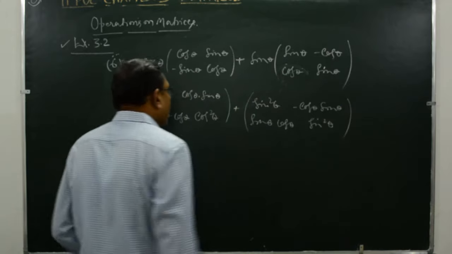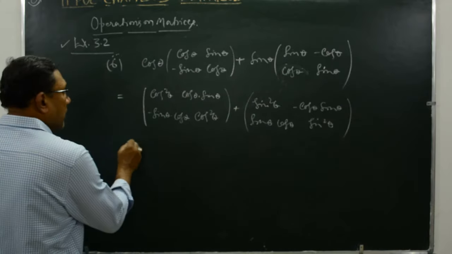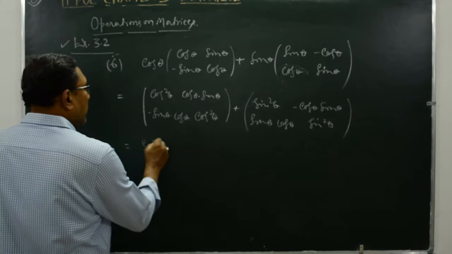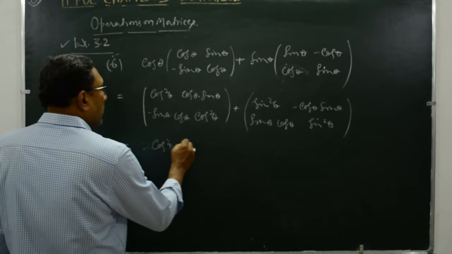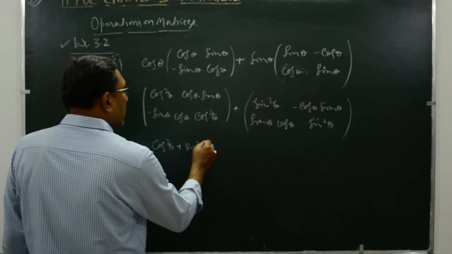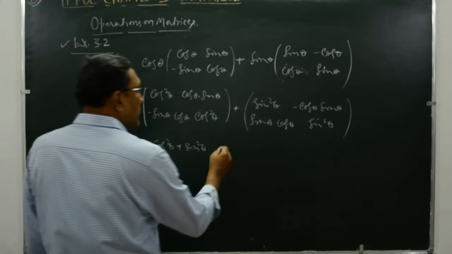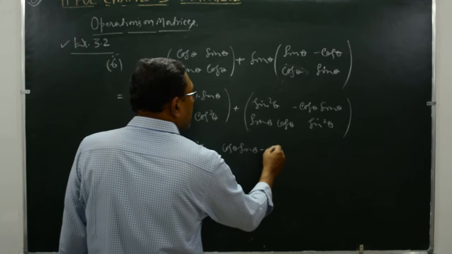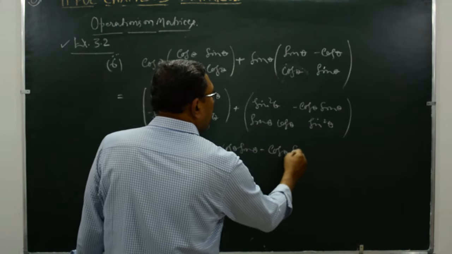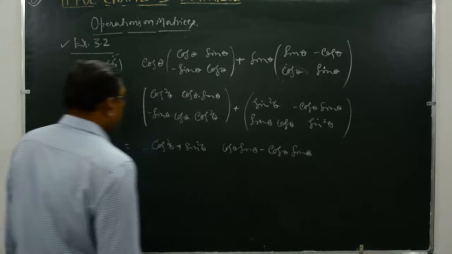When you add, it will be like cos square theta plus sin square theta. Here what happens? Cos theta sin theta minus cos theta sin theta. Here what happens?